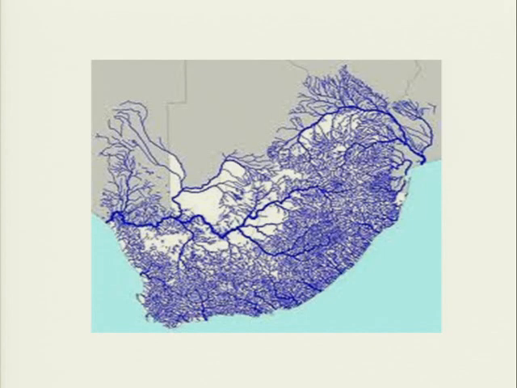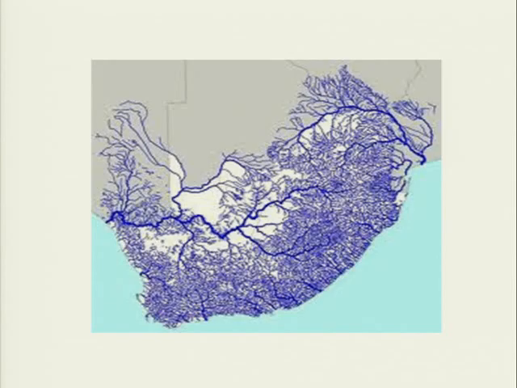Those are the big, thick blue lines. Also, you will be able to identify that the eastern part of the country has more rivers and therefore more drainage basins than the western part. And by this time, you guys know that is because of the higher rainfall in the eastern part of the country than in the western parts.